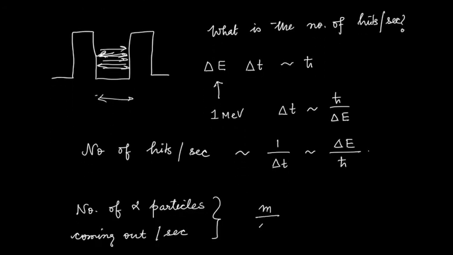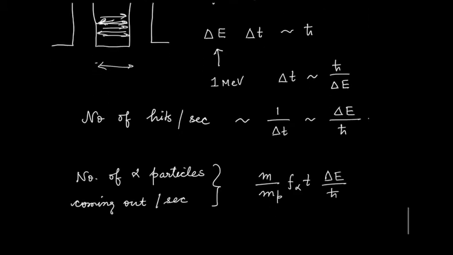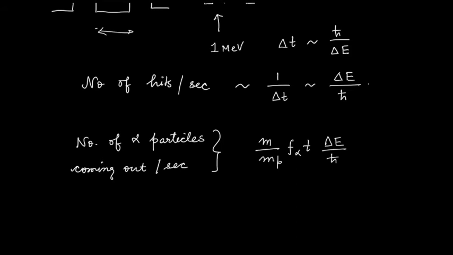So for one hit, m by m_p f alpha t. Per unit time, the number of hits is delta E by h cross. So this is the total number of alpha particles that you will see come out per unit time. Well, obviously there are a lot of assumptions gone in here and all the numbers are rough, but you can still figure out the order of these numbers.